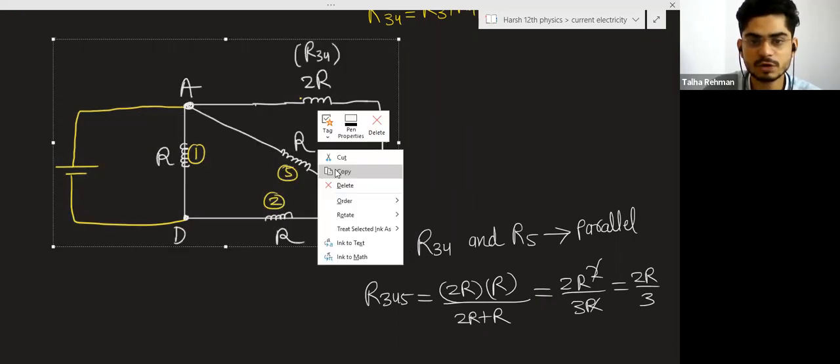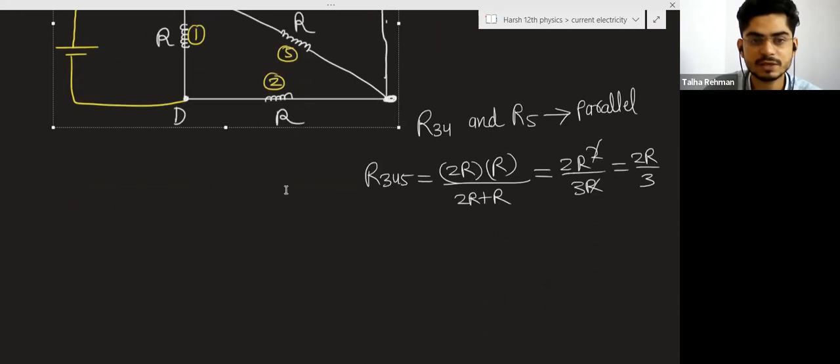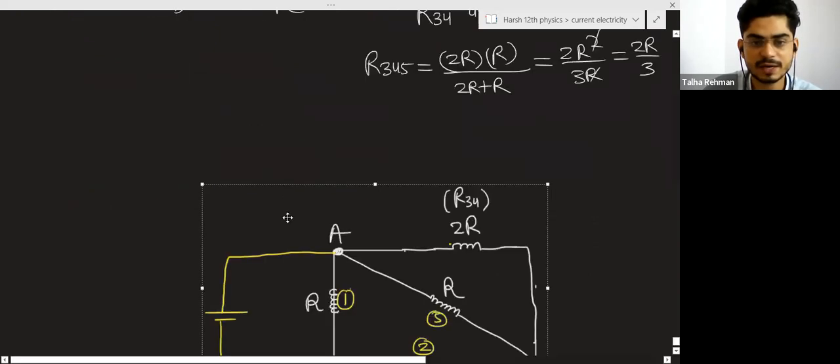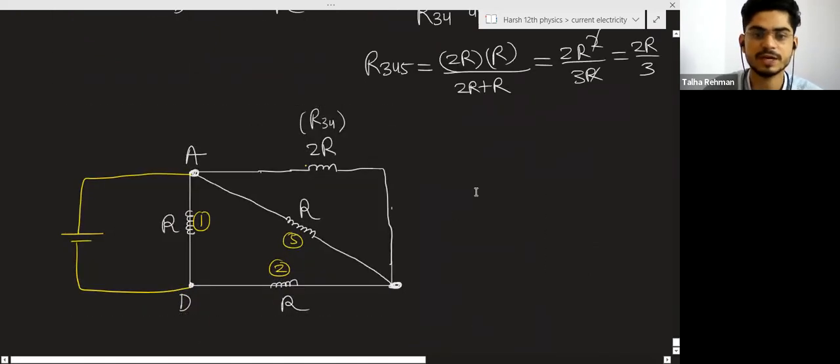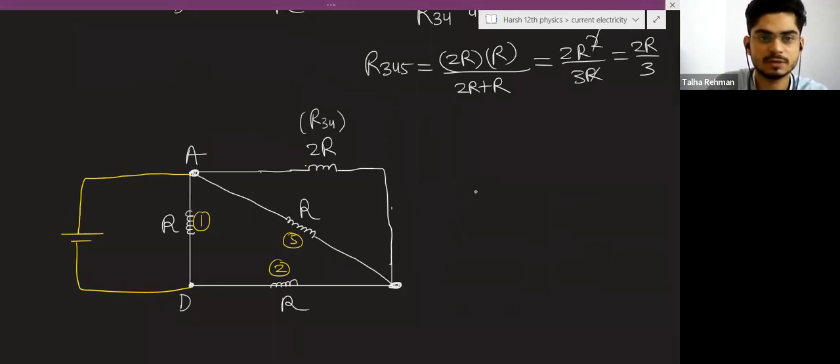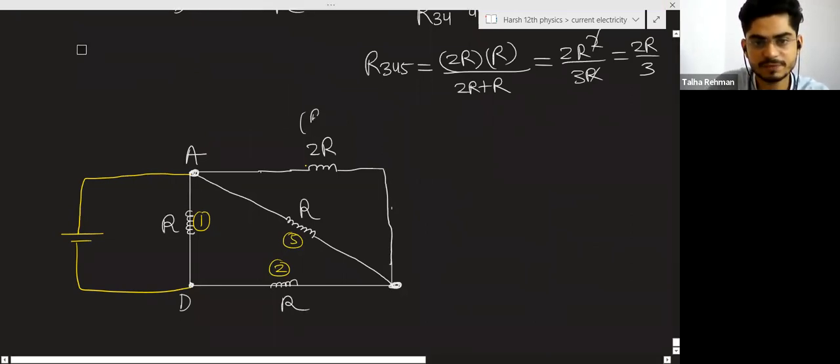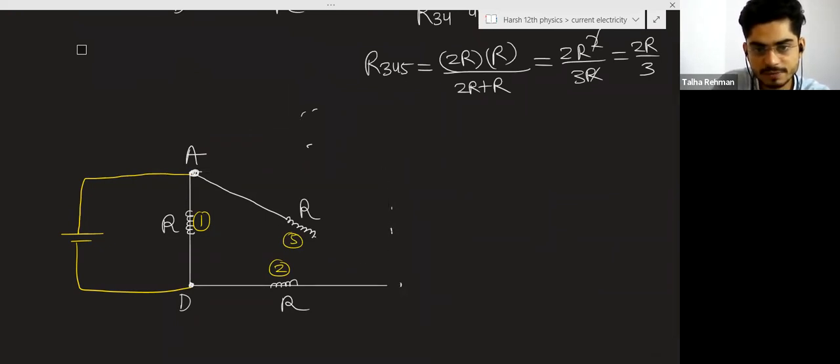Step by step we will solve, and after that we will see which resistances are connected in parallel and in series. We will get that, but step by step we have to solve. Now I am removing this resistance, and also this R5, because we have calculated the equivalent.